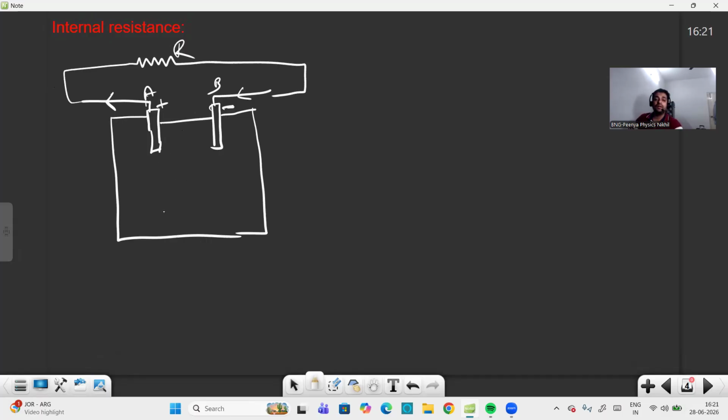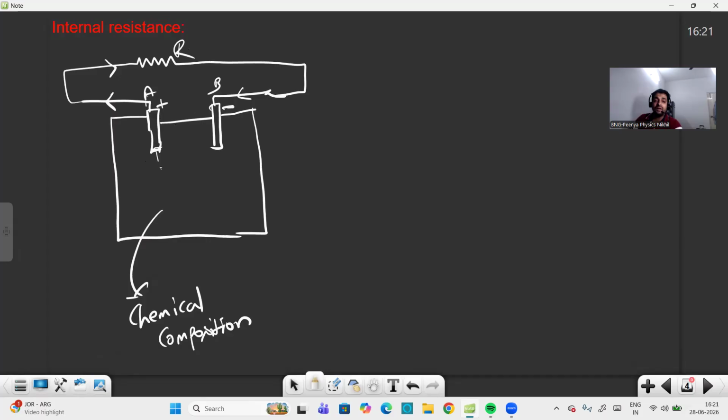Inside the cell there is a chemical composition. Due to this chemical composition, one terminal of the cell is at higher potential and the other at lower potential. When the current flows in the whole circuit, it also passes through the cell to complete the circuit.